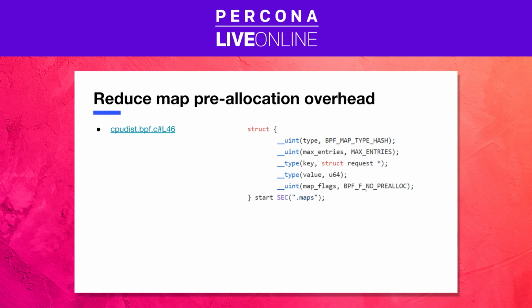The community had tried other solutions, but in the end, pre-allocating all the map elements was the simplest solution and didn't affect the user space visible behavior. When full map pre-allocation is too memory expensive, define the map with the BPF_F_NO_PREALLOC flag to keep the old behavior. For details, see BPF map prealloc.